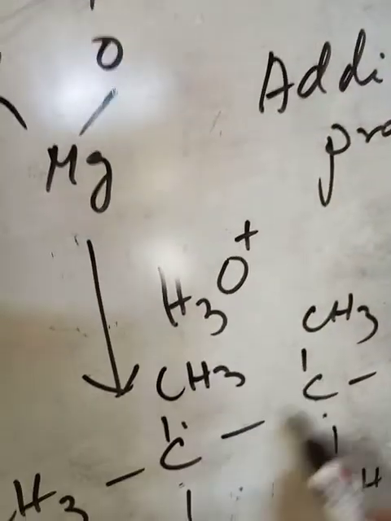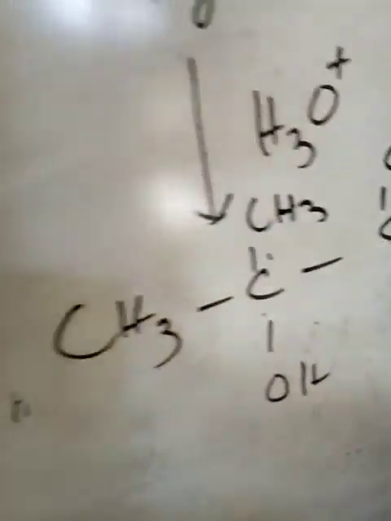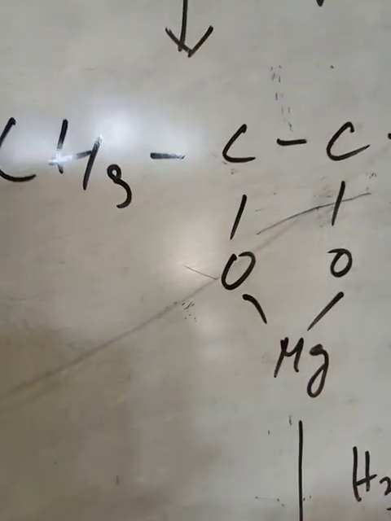So 2,3-dimethylbutane-2,3-diol. So these are the reduction reactions of aldehydes and ketones.